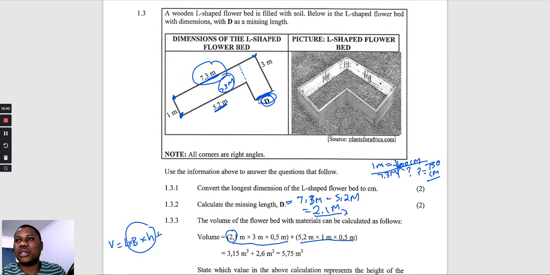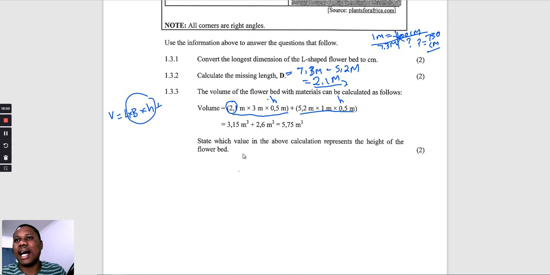So it's going to be the length multiplied by the breadth and then also multiplied by the height. Even when we check this one, they said 5,2, which is the length, multiplied by the width of 1 meter, then multiplied by the height. So we can clearly confirm that our height here is equal to 0,5 meters.